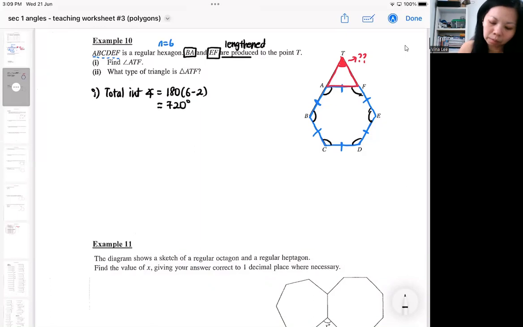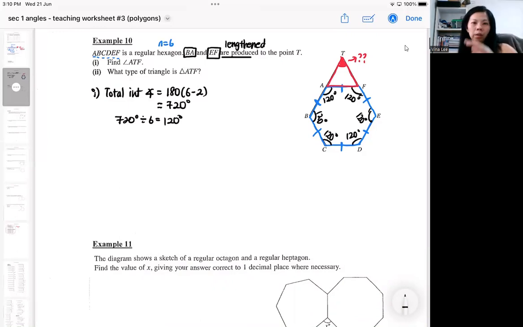And then this one is regular, so if you divide by 6, it will give you each of the angle here. So there's a lot of 120 around. That is the property of a regular polygon.